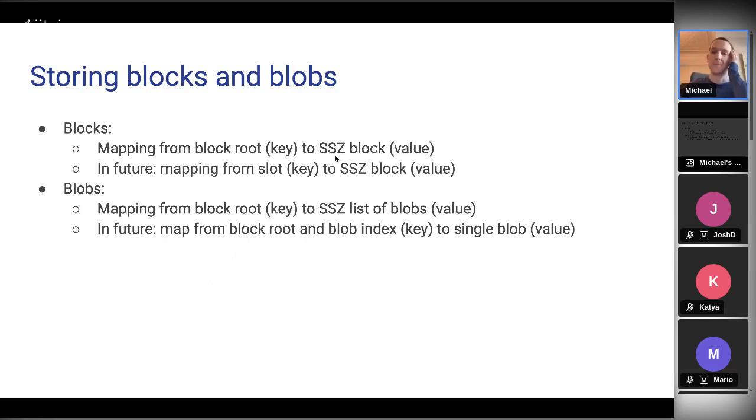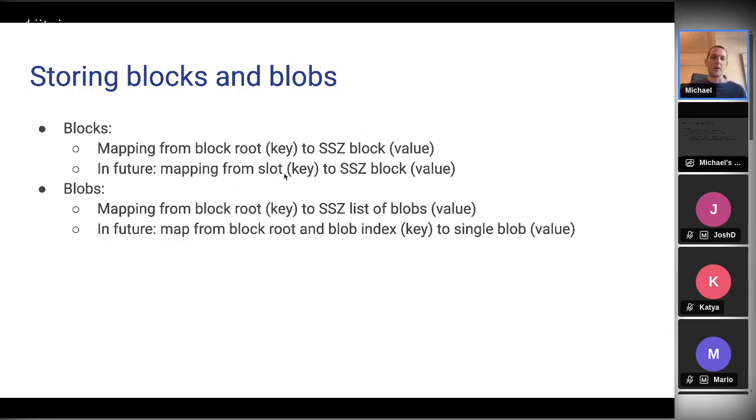It's very simple. The downside is that we store all of the blocks in the database in one big bucket. The things in there are moving around a lot because they're just ordered by block root, and the database will rebalance those every now and then. So an improvement we want to make in the future is to store the finalized blocks by their slot as the key, because that allows us to store them contiguously, in a sequence.